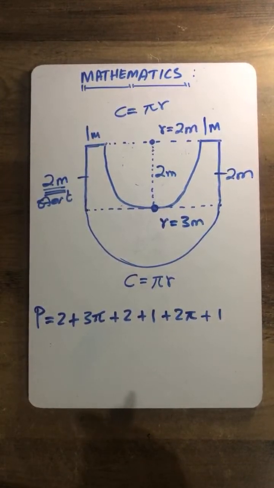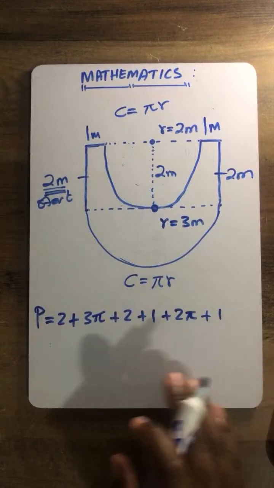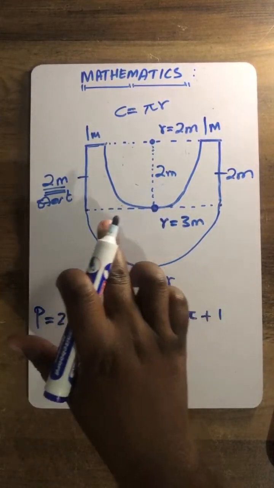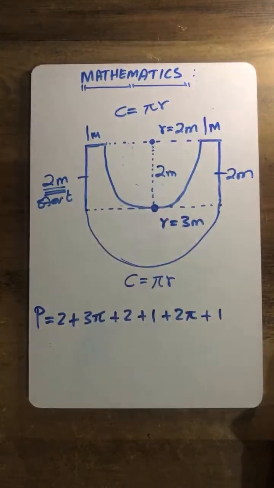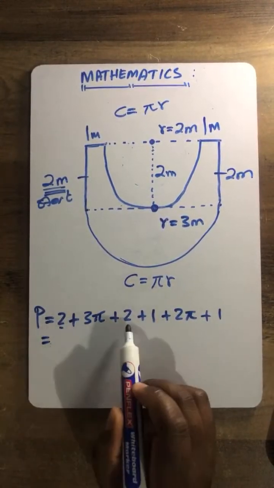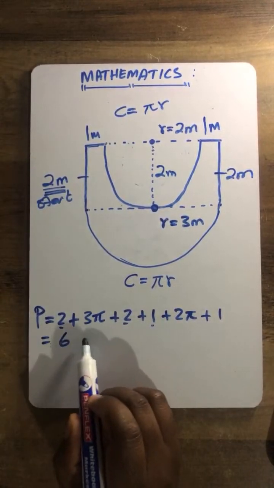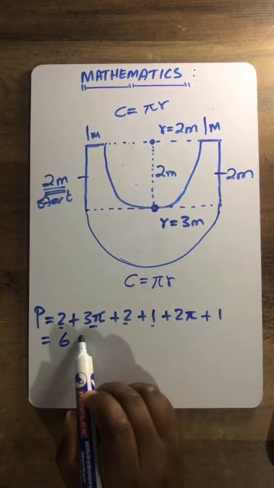It seems like it's easier and nicer where you have half a circle. You just say the perimeter is the radius times pi. It makes it very much easier. So now let us see. We have 2 plus 2 plus 1 plus 1 being 6. So we have 6. We have 3 pi and 2 pi.